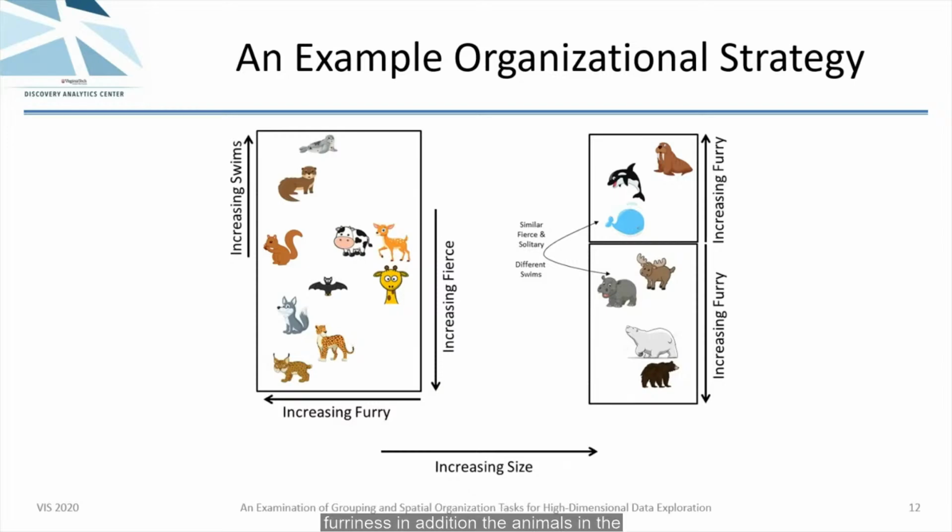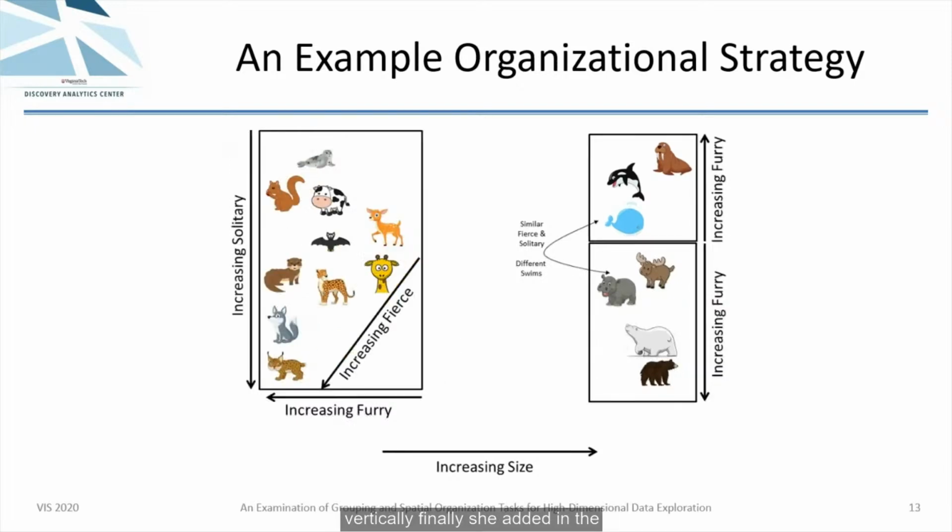In addition, the animals in the left cluster were now joined, and the fierce dimension was applied vertically. Finally, she added in the solitary attribute, trying to include it without disrupting the existing structure too greatly. And this was the final result of her space, now moving off of just an XY axis, with a fierce dimension at a diagonal angle.